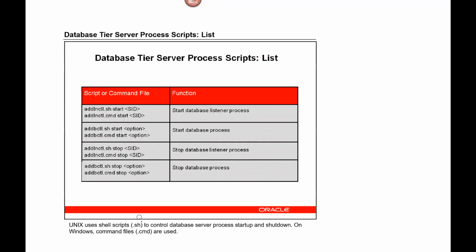So even though you have 10 nodes, you can have max 3 scan listeners only, right? And there is something called a local listener. Every node will have one local listener. The scan listener first listens, and it will find out who is the least loaded, and it will send that particular request to that particular local listener. So every node will have a local listener.